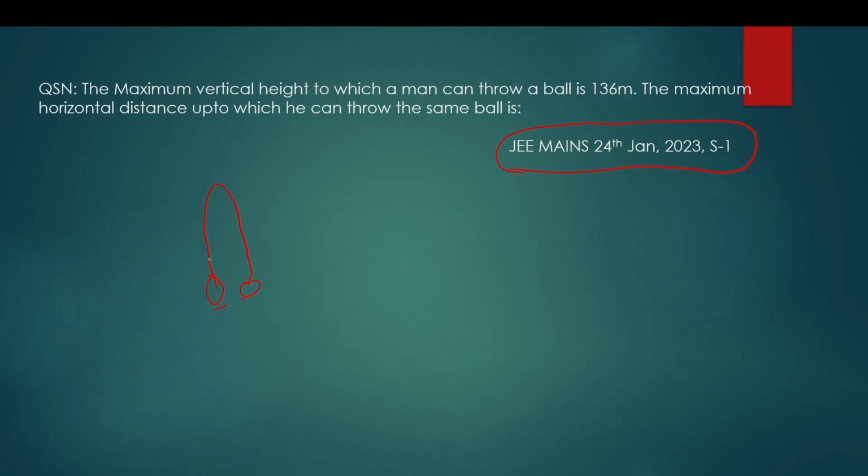So we have already done that the maximum height, h equal to u square upon 2g, is the maximum vertical height, which is given as 136 meter. Range is u square sin 2 theta upon g.